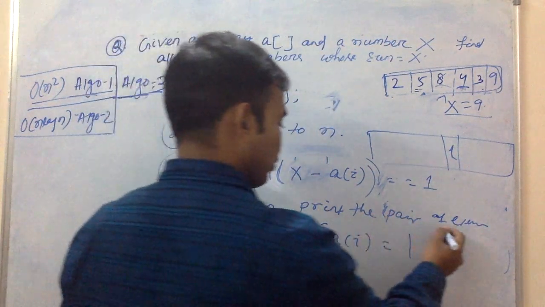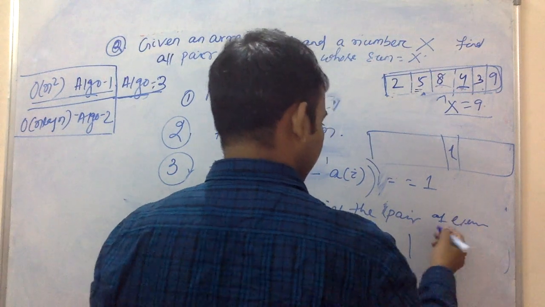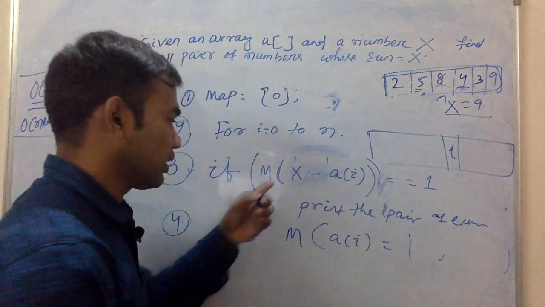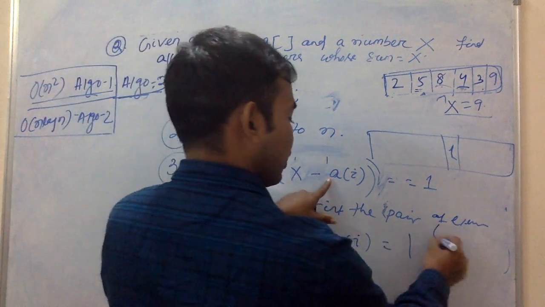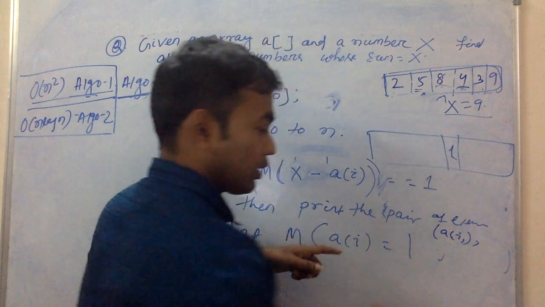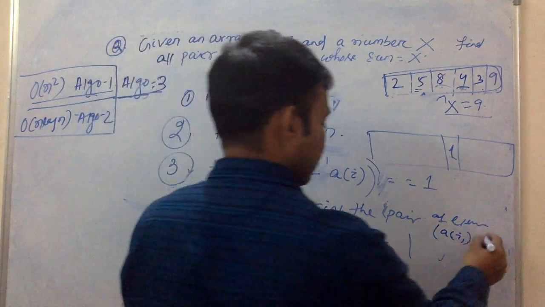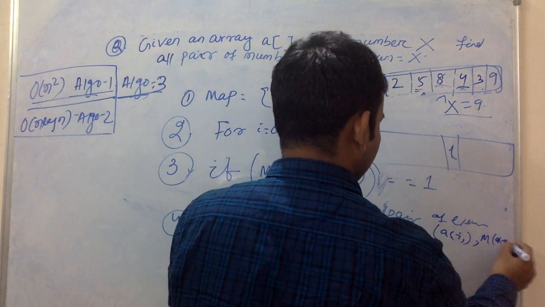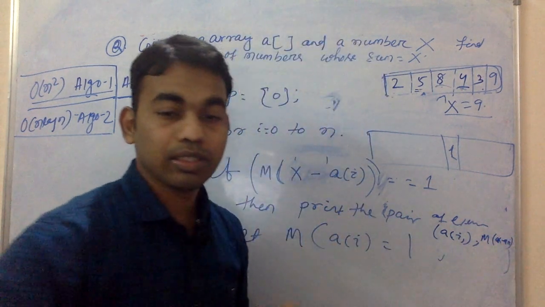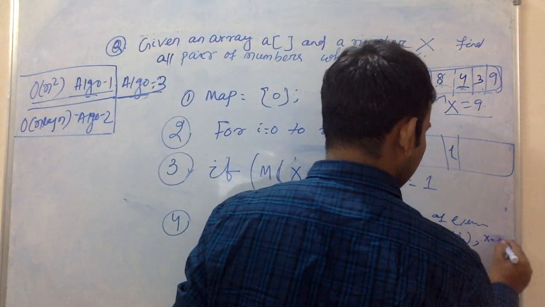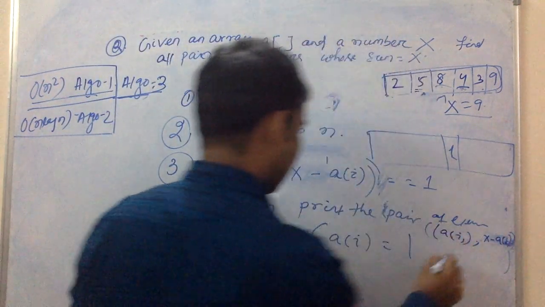Print means you are printing the pair element, this a of i comma x minus a of i, not m of x minus a of i.